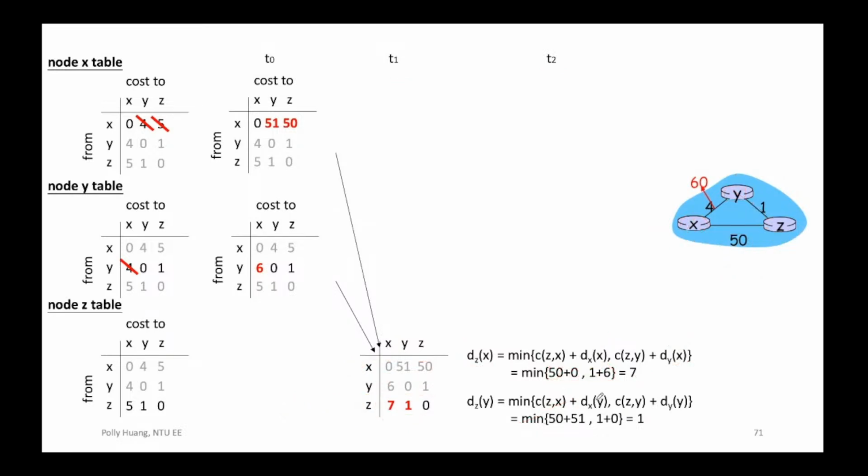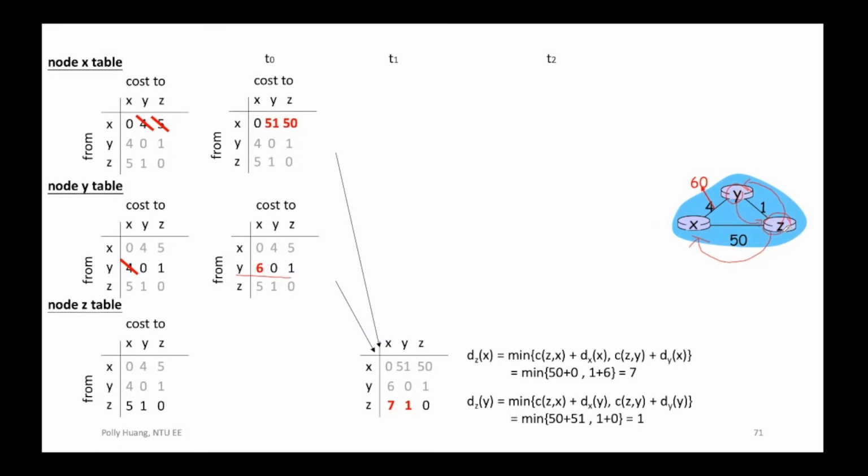Now, what's interesting is this. Z thought, okay, the shortest path to x is now 7, and the best neighbor is z. So z thought, okay, next hop to forward the packet, destination being x, should be y. But y here thought, okay, the shortest distance to x is 6, and the next hop is z.